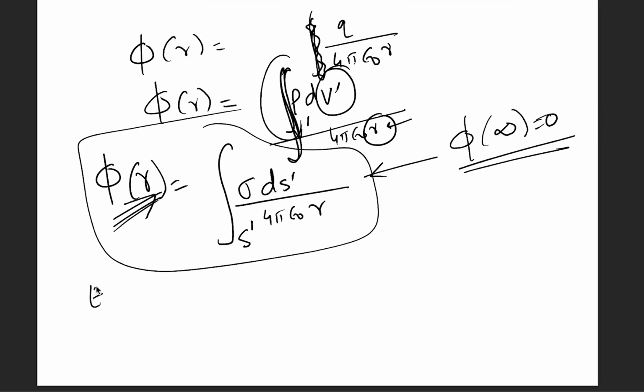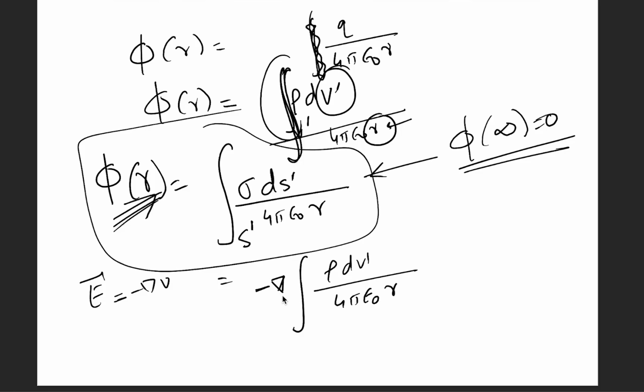Now, using E is equal to minus del V, E is equal to minus del of the integral of rho dV dash over 4 pi epsilon naught R. This is V, so I will take its gradient.